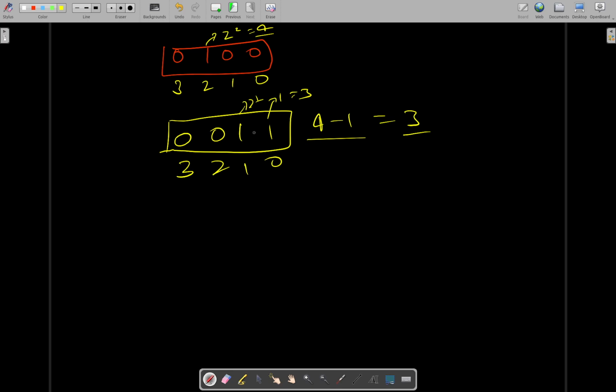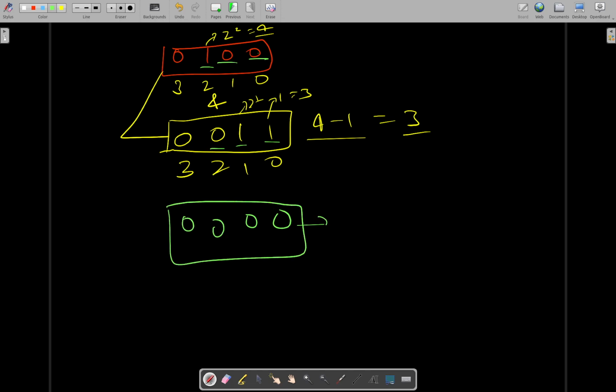After you have done that, you will do the AND operation of these two binary representations. When you do the AND operation, what will you get? 0 and 0 will be 0, and 0 and 1 will cancel out. This is 0, this is 1, so again 0 and 1 will cancel out, and again 0 and 1 will cancel out, then it's 0. So you are getting 0.